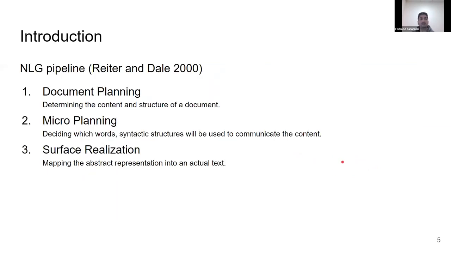Traditionally, NLG pipelines are divided into three main steps: document planning to determine the content, micro-planning to determine the words, and surface realization to generate the surface form of the sentence. In simple words, it is responsible for word formatting and word ordering.